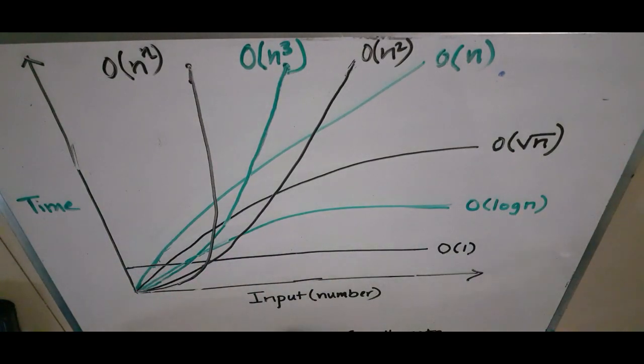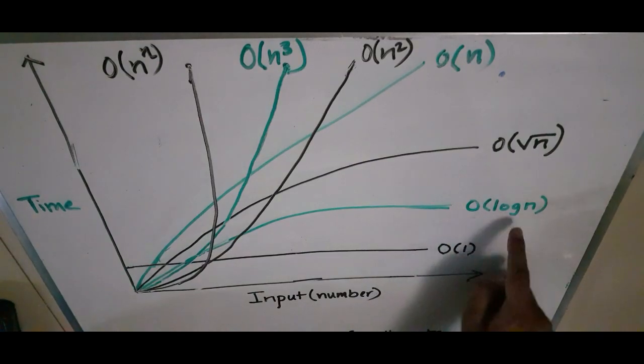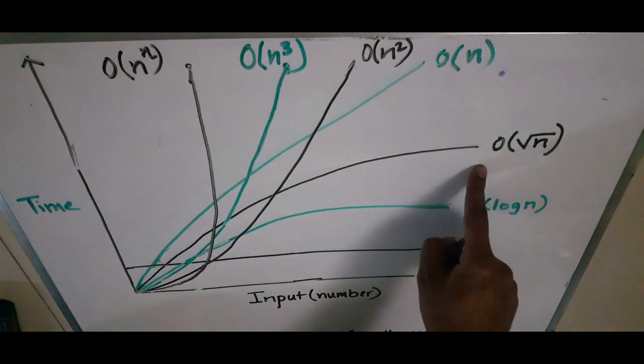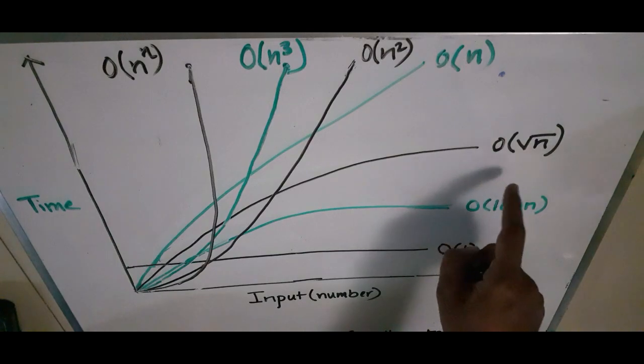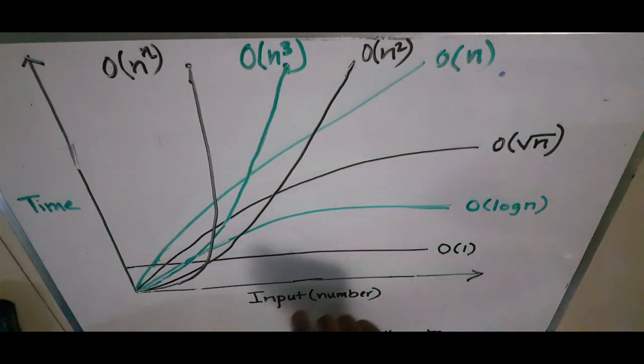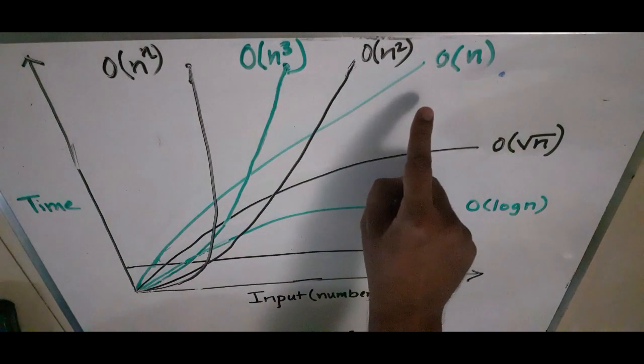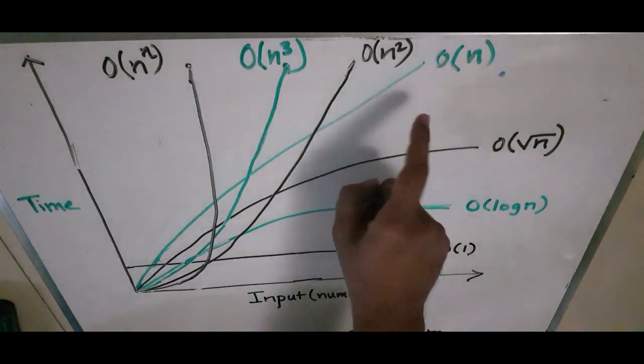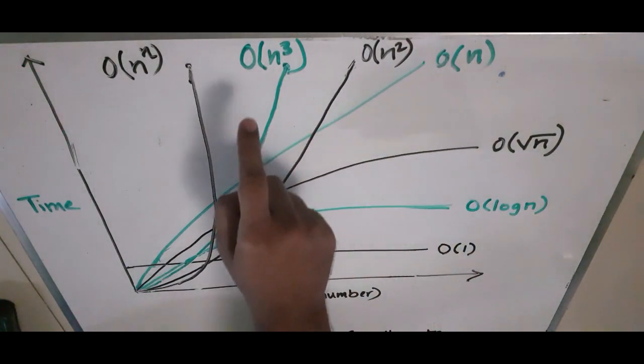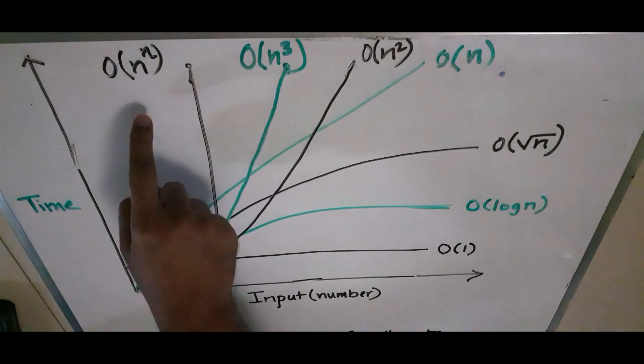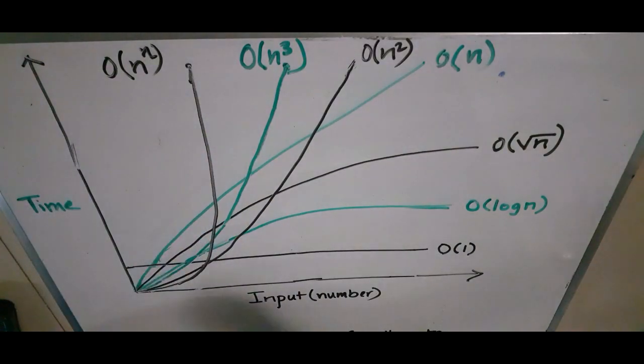Then we have big O(log n), then big O(square root of n), then O(n) followed by O(n square), O(n cube), and O(n to the power n). You might be asking yourself, which one is better?